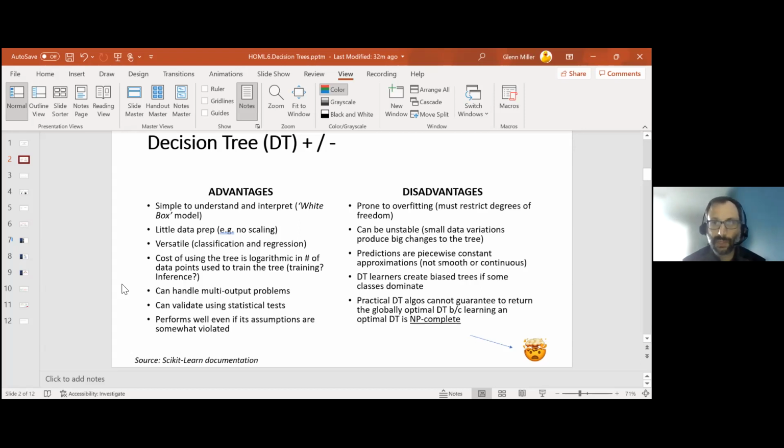And decision tree learners create biased trees if some classes dominate. And then here's the one that just made my head explode, because it sent me down a rabbit hole of looking up NP-complete and all kinds of mathematical things that are well beyond my pay grade. But practical decision tree algorithms cannot guarantee to return the globally optimal decision tree, because learning an optimal decision tree is NP-complete.